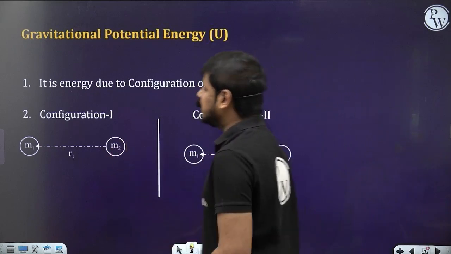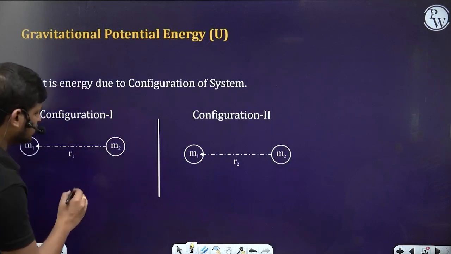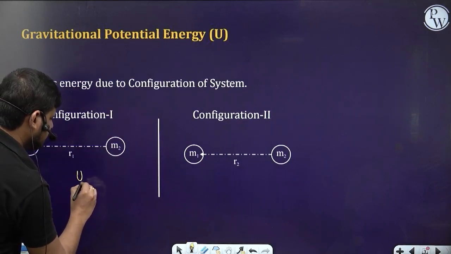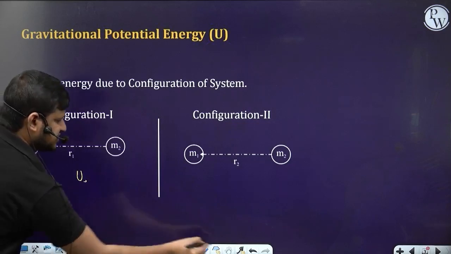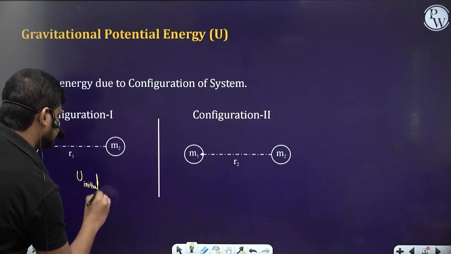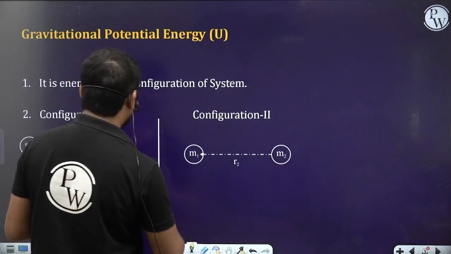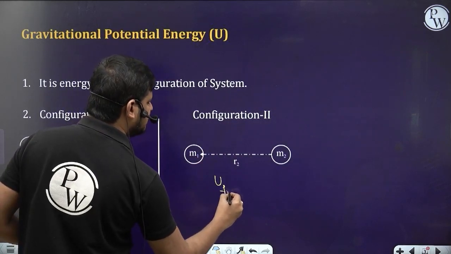Initially, when the two masses are placed like this, the potential energy stored in them is U initial. When the configuration is changed, the potential energy stored is U final.